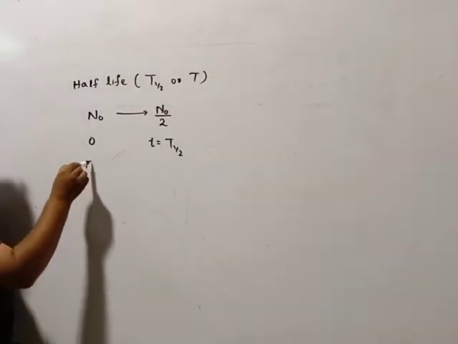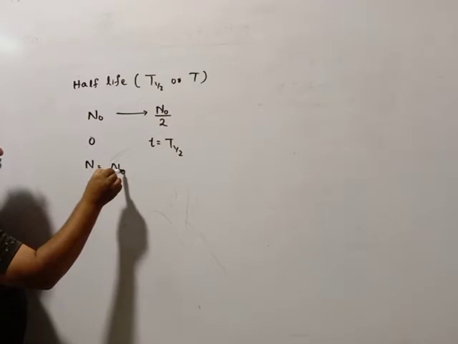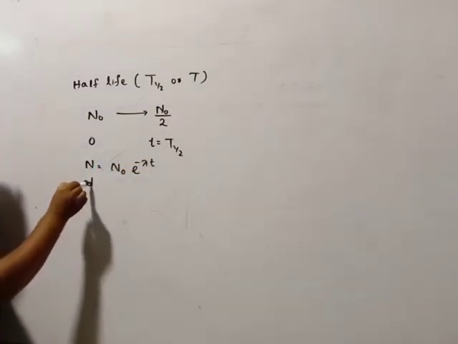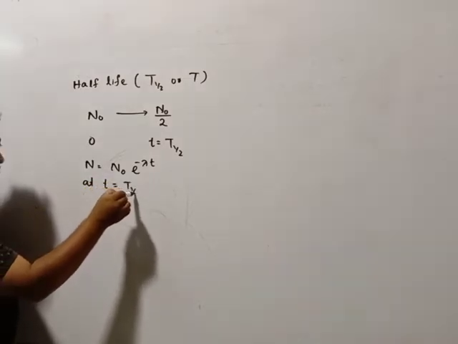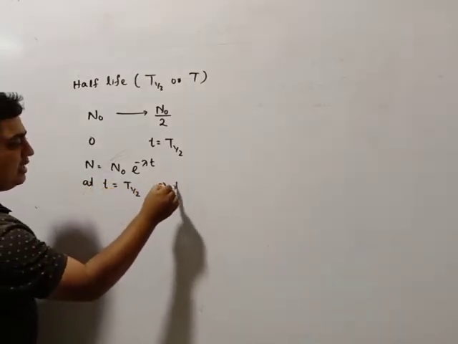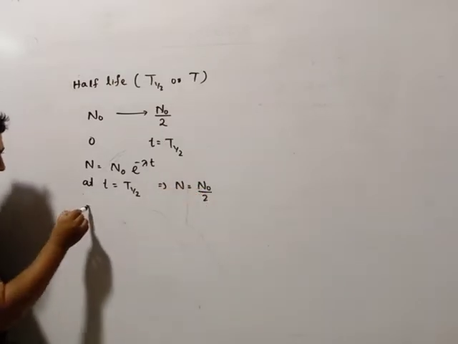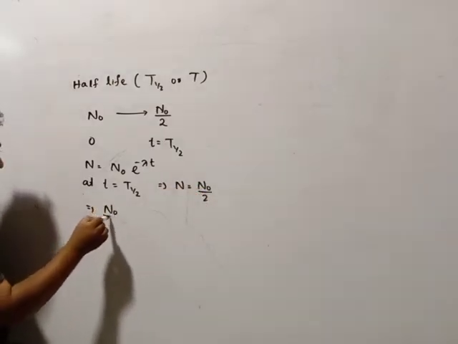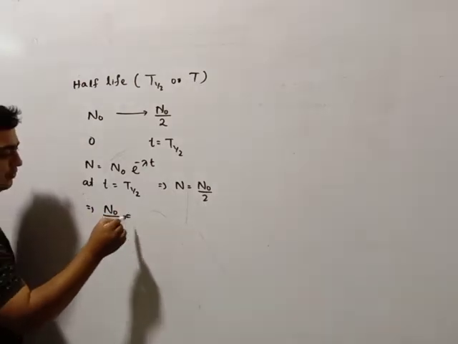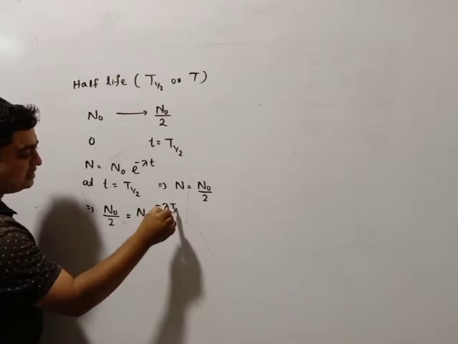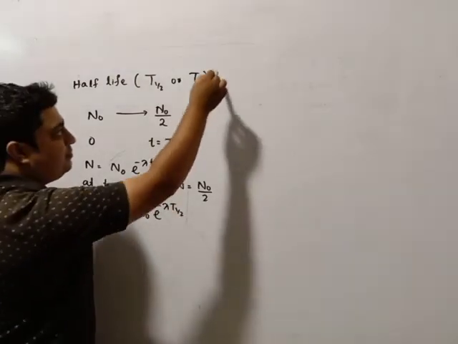So, we have the equation N equal to N naught e to the power minus lambda t. At t equal to T half, N becomes N naught by 2. Now, from this equation, we can write N naught by 2 equal to N naught e to the power minus lambda T half.